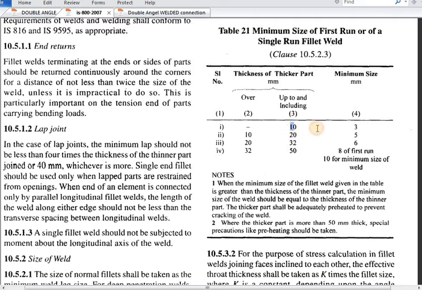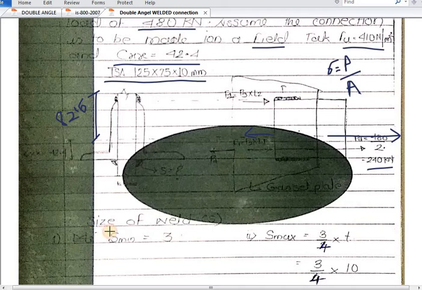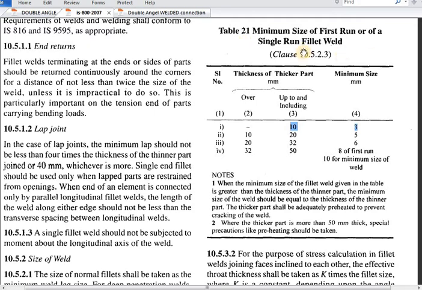So up to thickness 10, we will take the minimum size of fillet weld as 3 mm, from IS 800 2007, Table 21, page number 78.